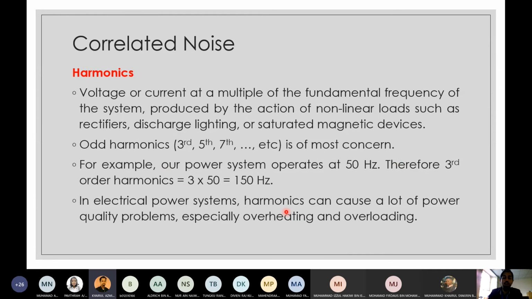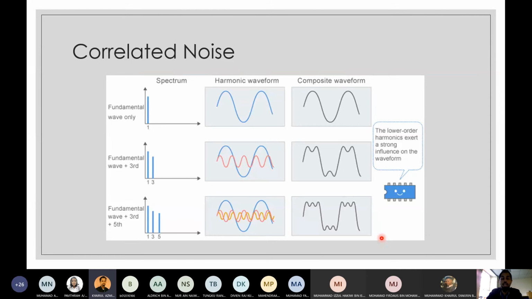And the effect of harmonics is usually overheating. Kalau kita tak jaga kita punya circuit ada harmonics, then we'll see overheating in the circuit which can cause further damage if untreated. Or another effect is overloading. Okay, this is a simple example of why harmonics is not favorable or dangerous.